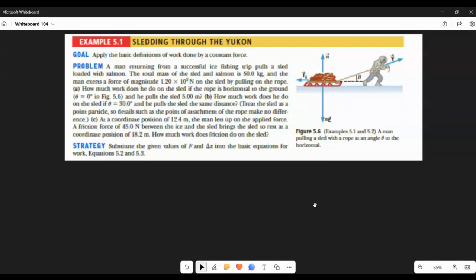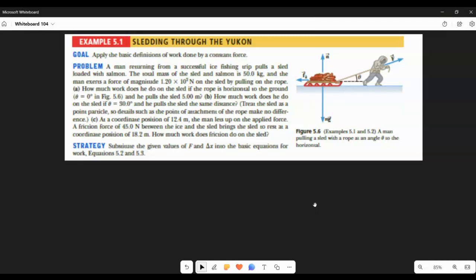A, how much work does he do on the sled if the rope is horizontal to the ground? So theta is 0, and he pulls it for 5 meters. B, how much work does he do at 60 degrees if he pulls the same distance? And then C, at a coordinate position of 12.4, the man lets up the applied force.